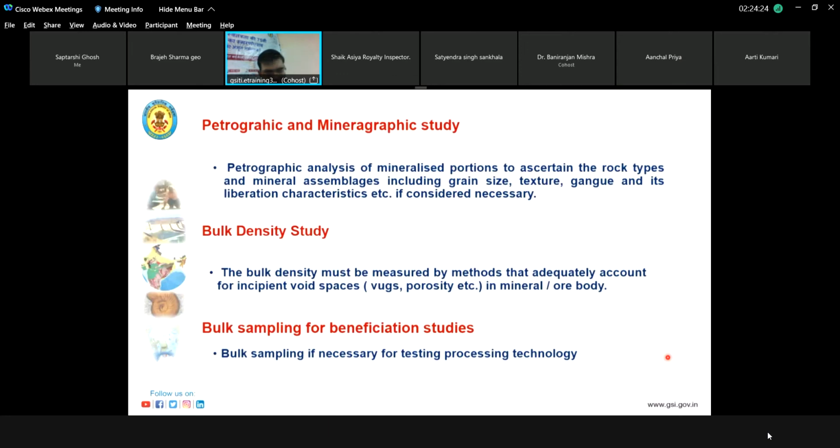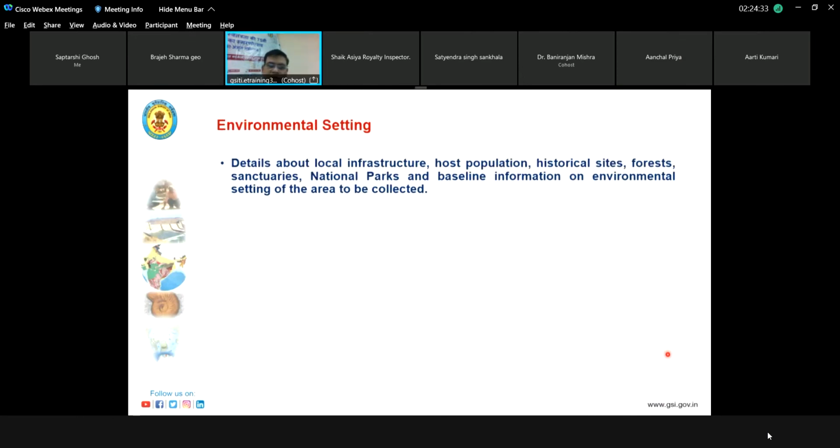That's why they require this bulk sampling or beneficiation studies, and we are just carrying it out by IBM only in India for GSI. Then the environment setting will be studied.